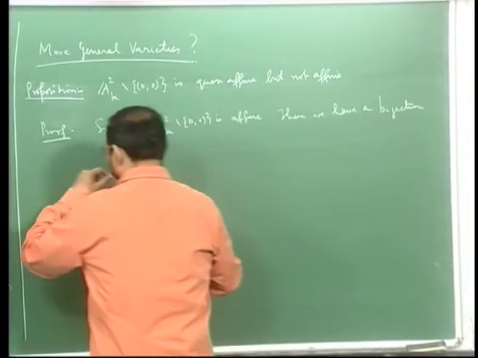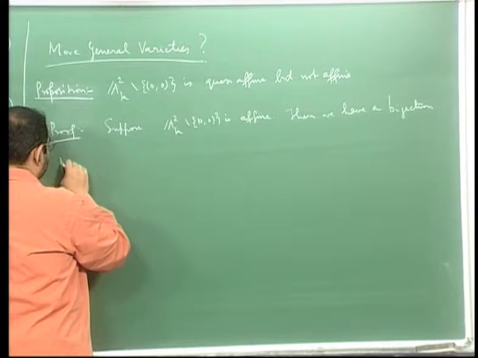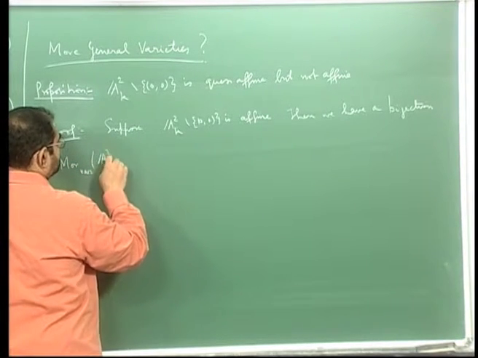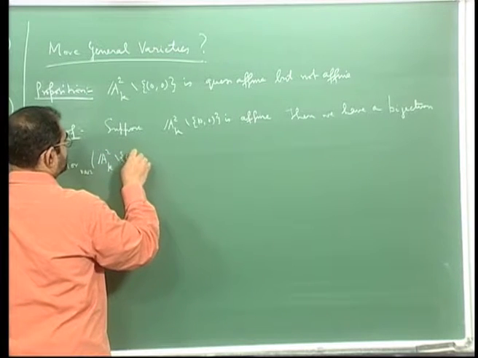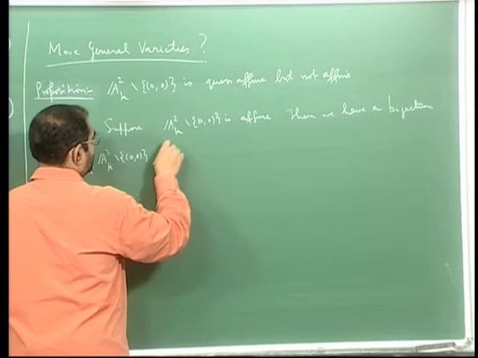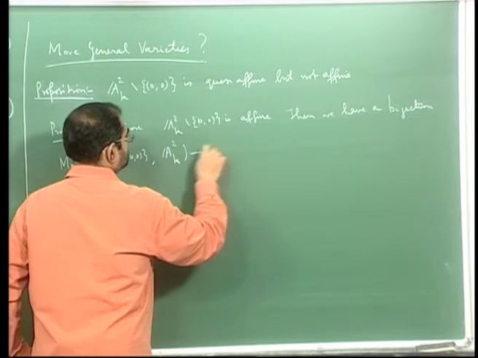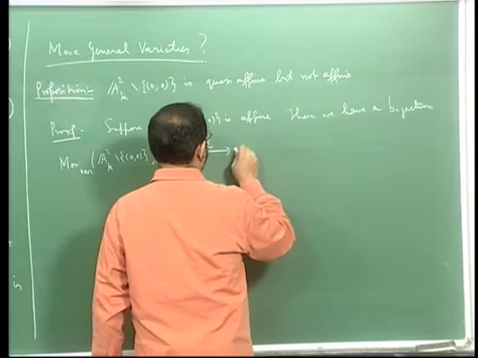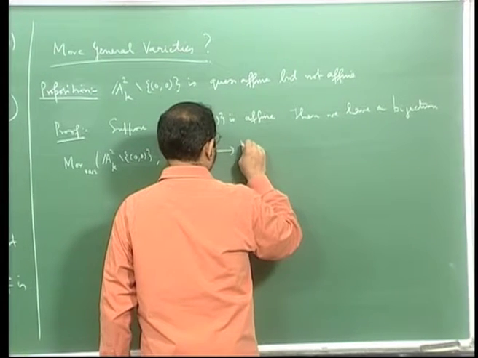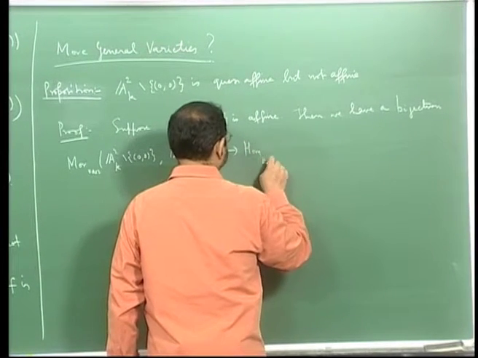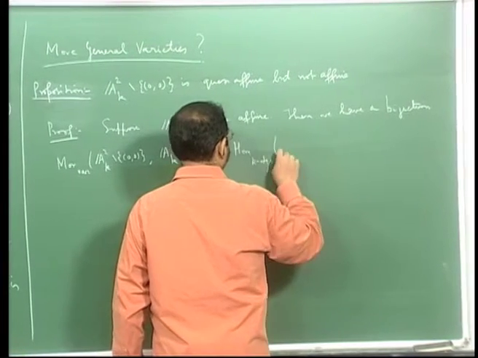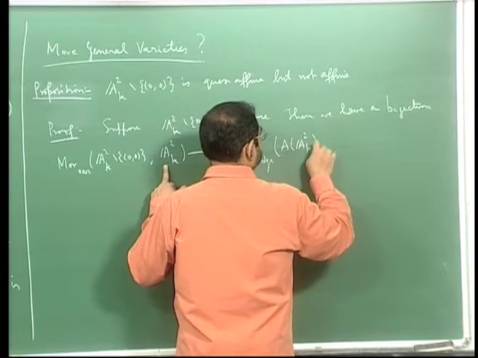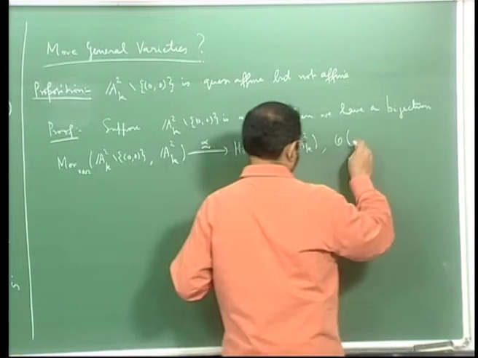As we have seen, there is this bijection alpha, from morphisms of varieties from A2 minus the origin to A2, to homomorphisms of K algebras from A of A2 to O of A2 minus a point.